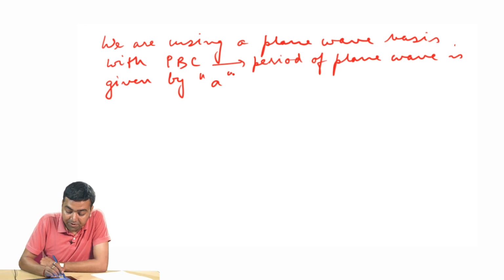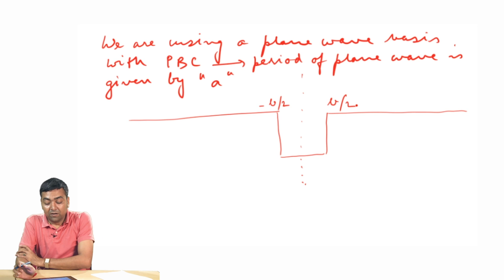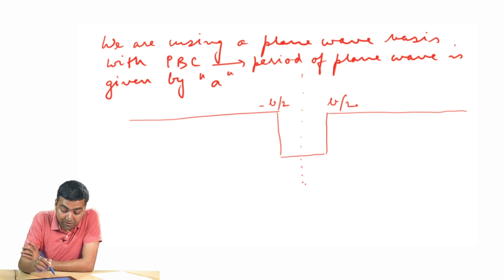Our original problem had a potential of this form. This is my minus b by 2 to plus b by 2. Now, I am using this periodic boundary condition.